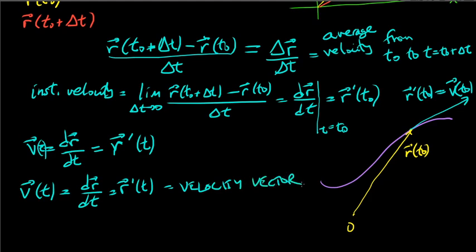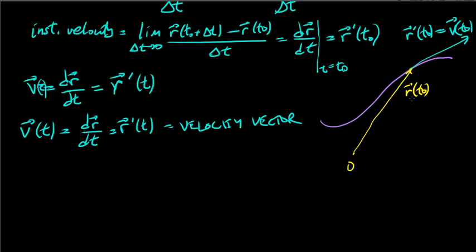So velocity also has a direction, and it should be clear that it's just the direction of the curve. If you use a different t, like let's say we find the position at this value of t, let's say a, then the velocity will point in this direction. So this might be v at time t equals a.